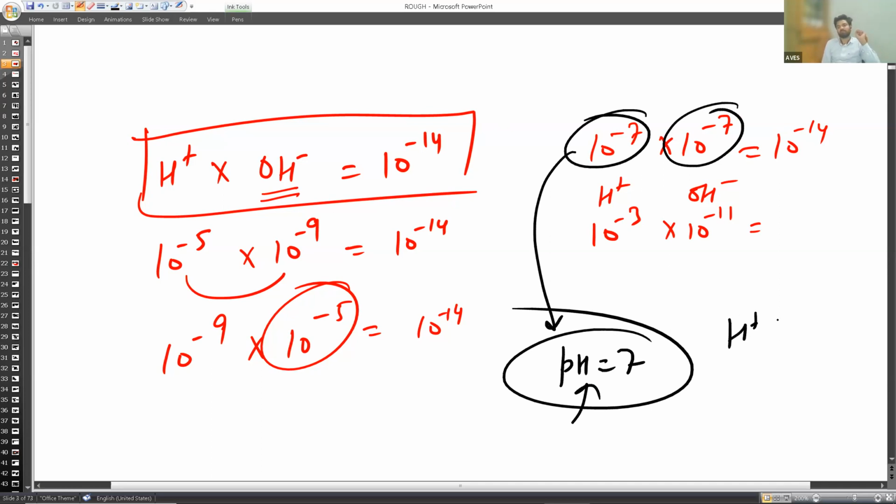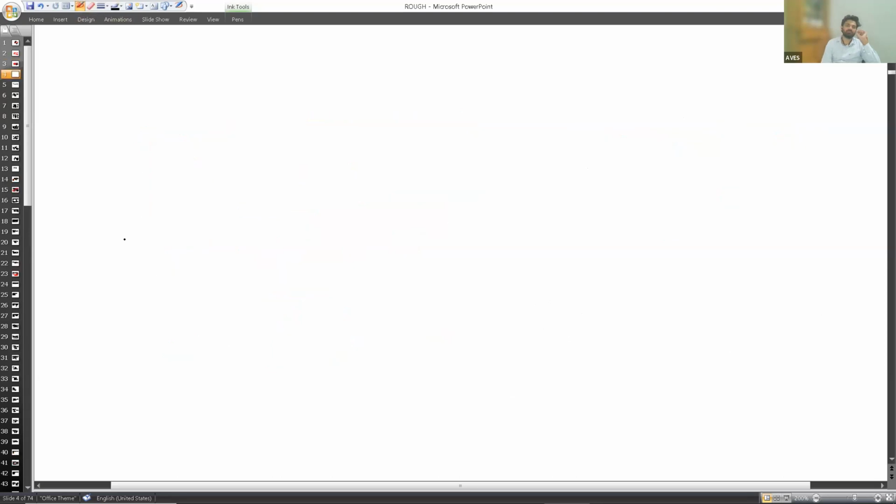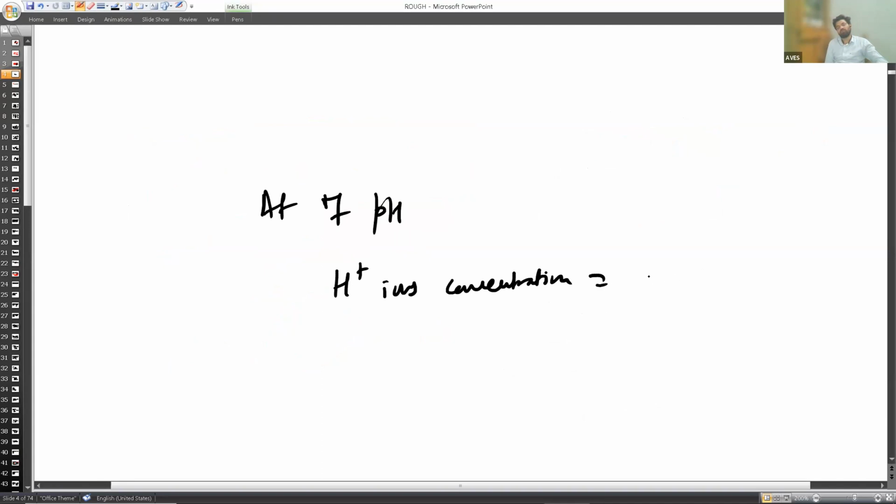So at pH 7, the H plus ion concentration is equal to the OH negative ion concentration.